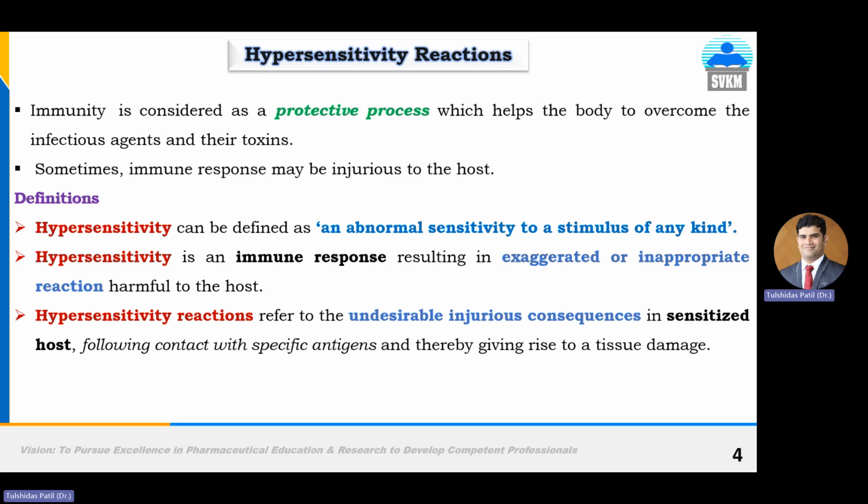It is an immune response which results in an exaggerated or inappropriate reaction, which is definitely harmful to the host body. Or we can define hypersensitivity reaction as an undesirable injurious consequence in a sensitized host following contact with the specific antigen, thereby giving rise to damage to the tissue.